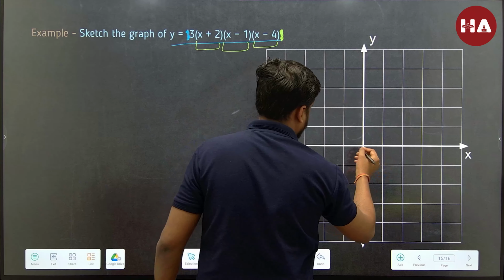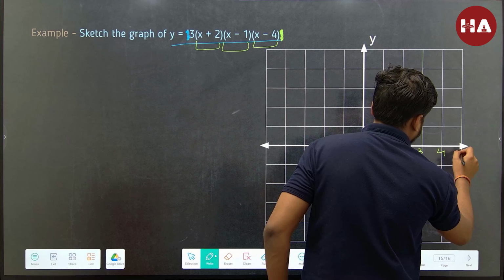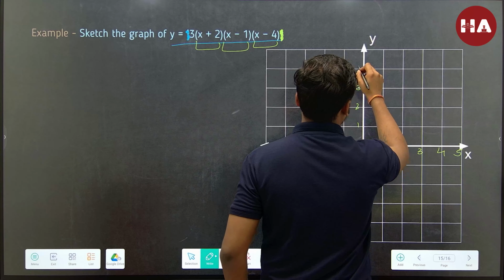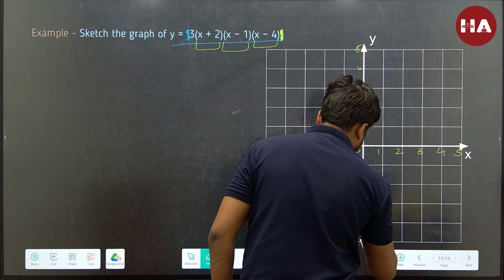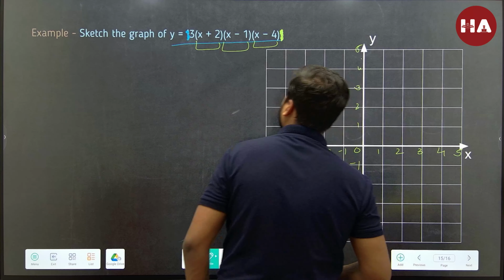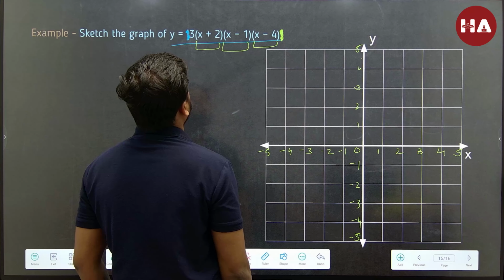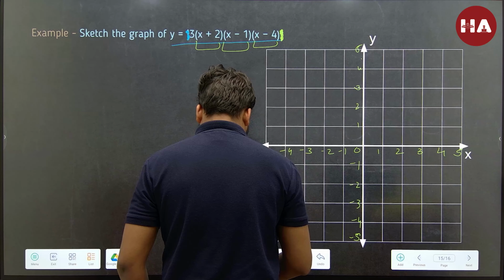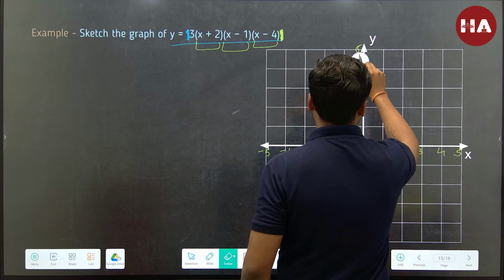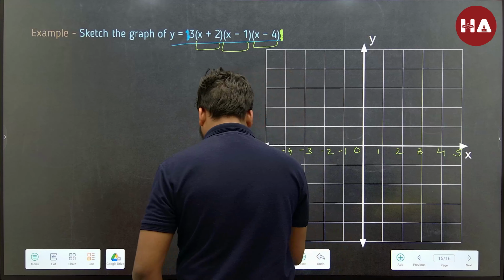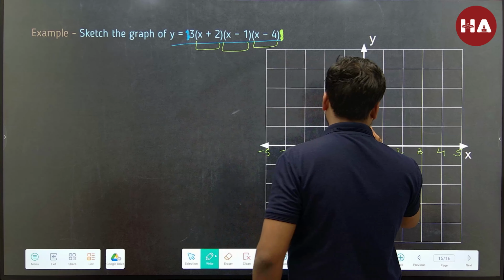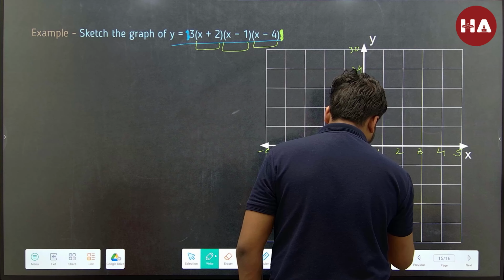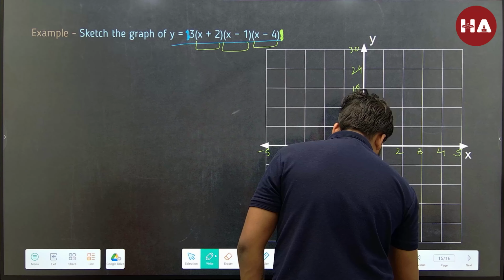So, let's first name the axis. Let's use some bigger values: 6, 12, 18, 24, 30, and -6, -12, -18, -24 and -30.